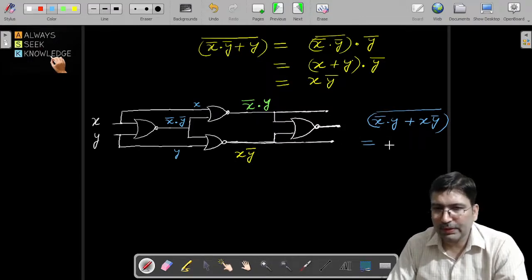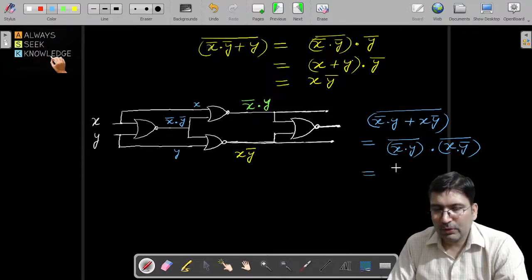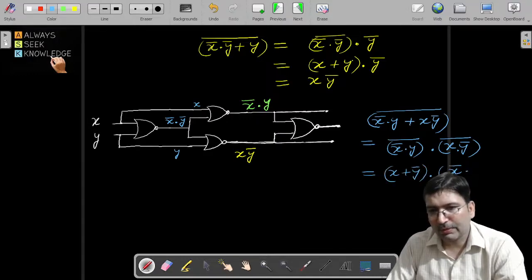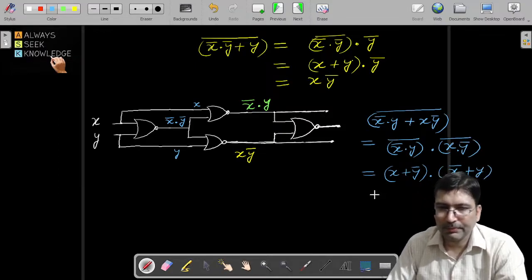So when we open this, we will get (X bar Y) whole bar dot (X Y bar) whole bar, right? So when we open this, there will be X double bar, so X only plus Y bar, dot X bar plus Y, because Y double complement will give us Y only.